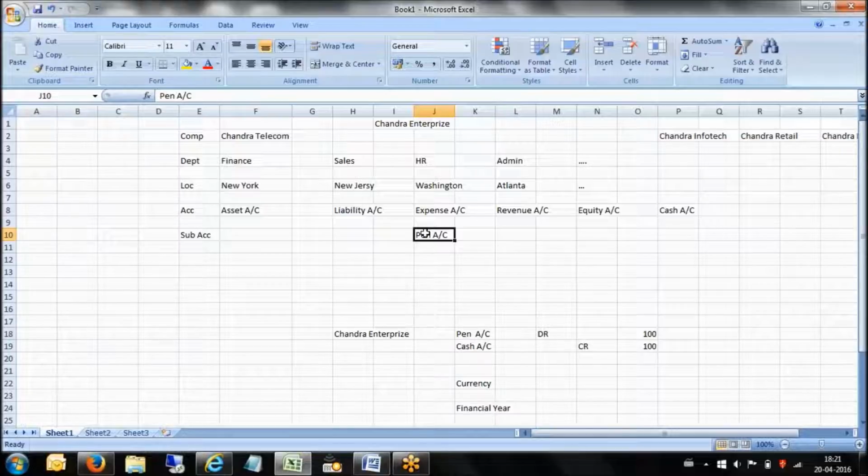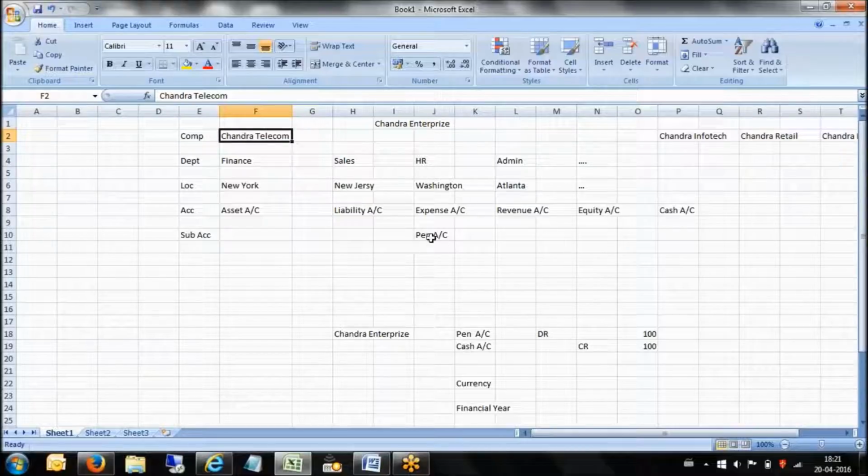This is the pen account. It comes under expense or stationery. Suppose it was bought for the sales department, and it was ultimately bought for this company.